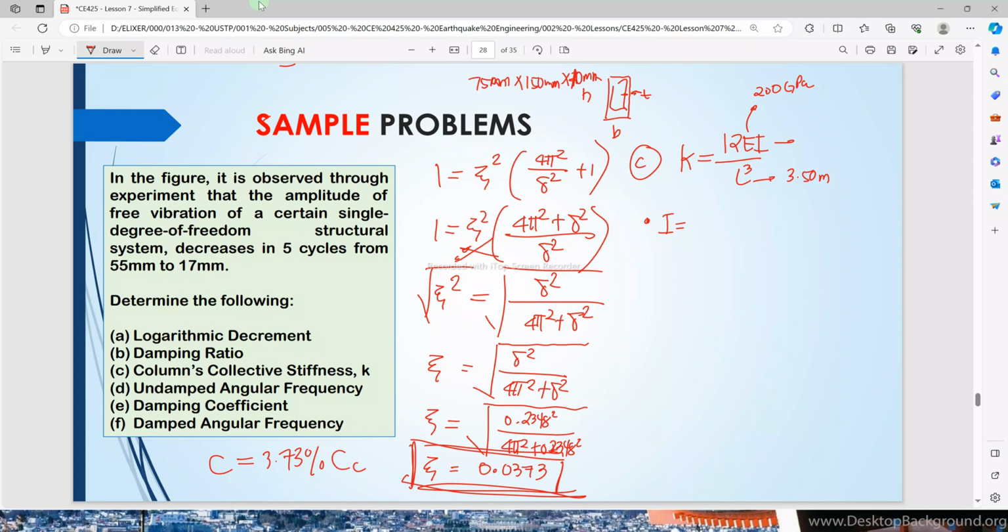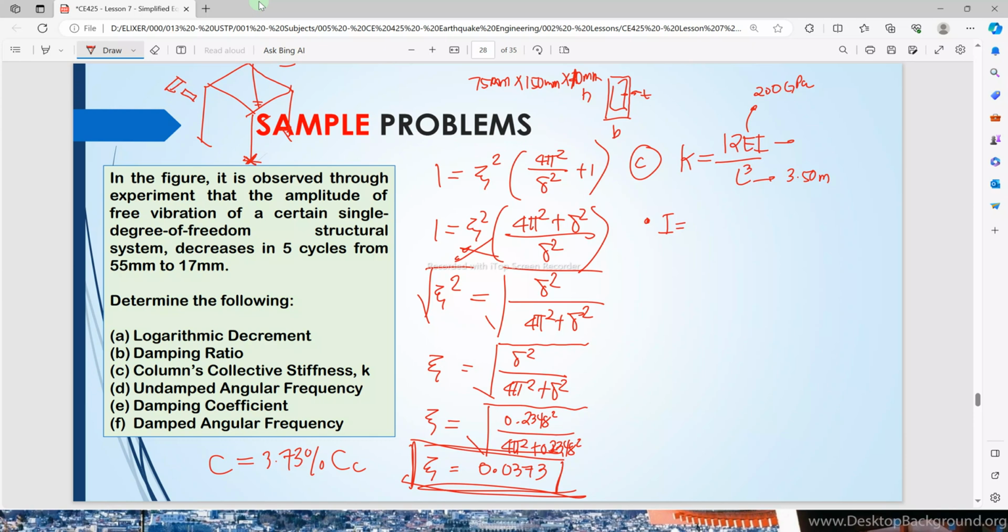Since we don't know the configuration of our structural system, we know that this SDOF is actually three-dimensional, and we are not sure if it looks like this or this one.